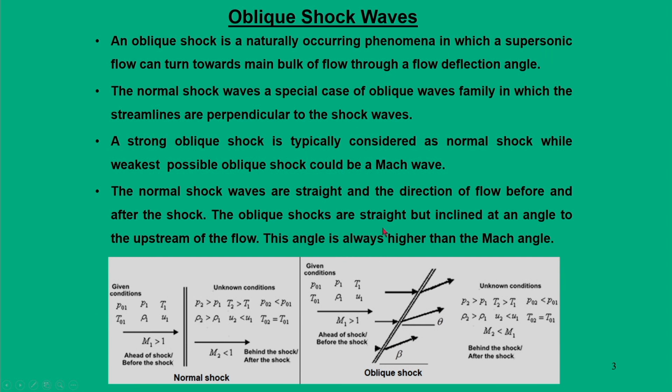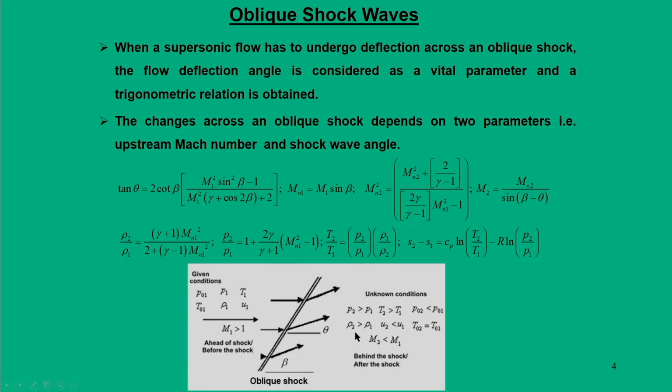In the same sense, oblique shocks are also straight, but they are inclined at an angle to the upstream flow. This angle is always higher than the Mach angle, and we call it the shock wave angle. In the last class, we derived the fundamental relations, which we call the theta-beta-M relations.